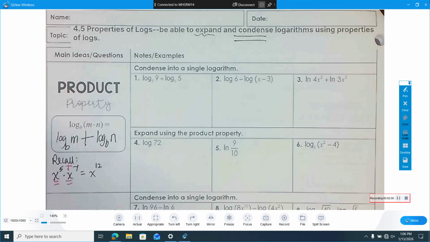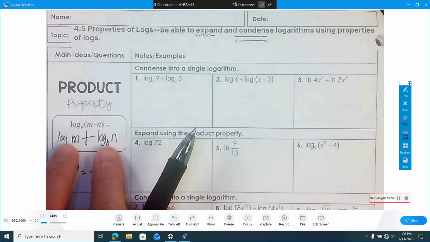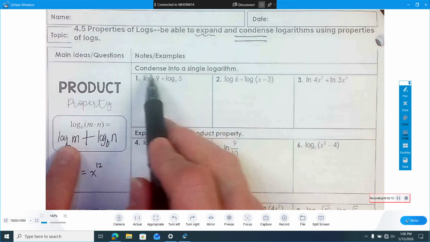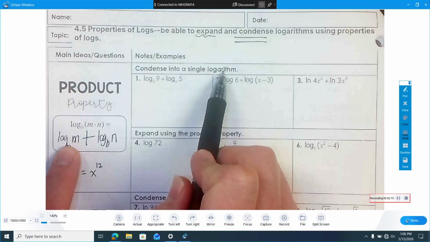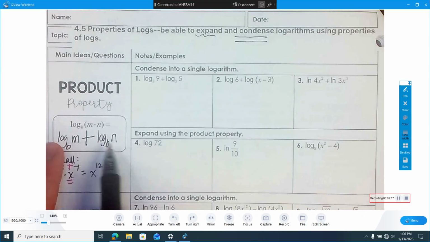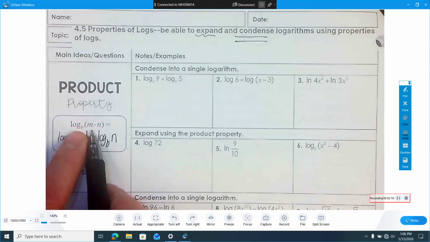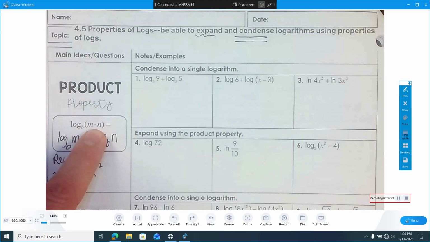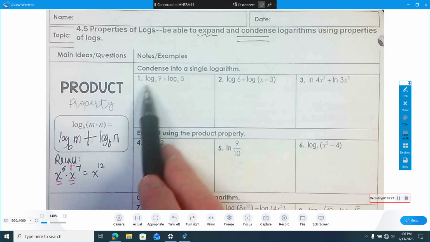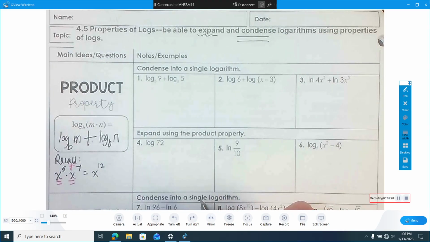The reverse is also true. If I'm starting here, I can condense things to a single logarithm. If I see a log plus a log, I can condense it using the product rule. Here I have my log, and you'll notice the bases match. Can I do this if the bases don't match?